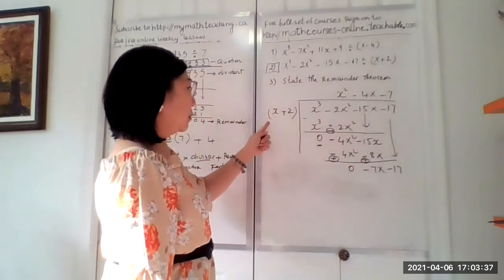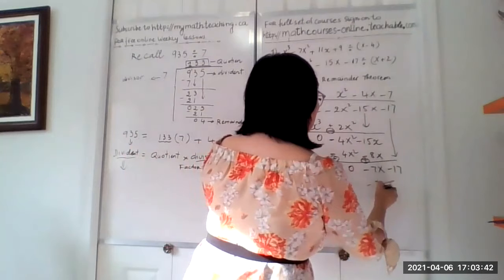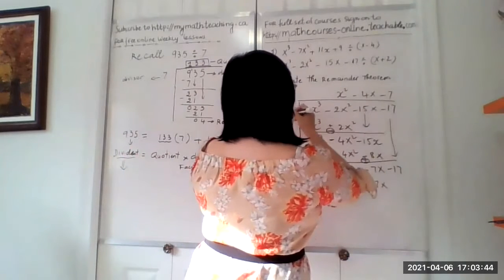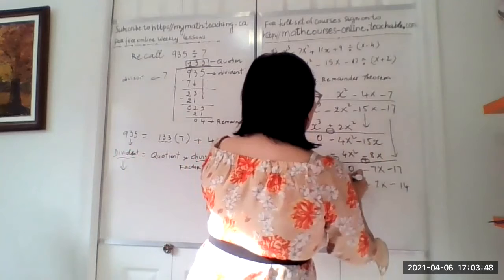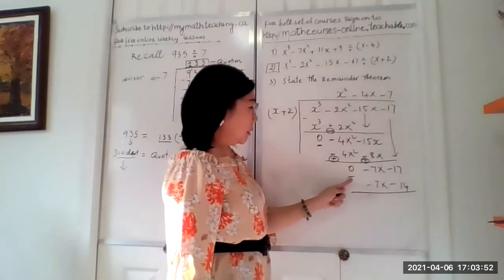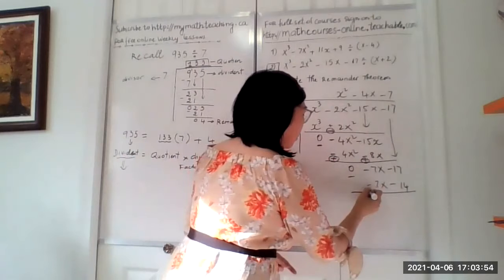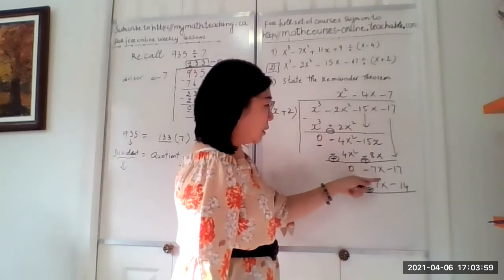Minus 7 times x will be minus 7x. Minus 7 times 2 will be minus 14. Subtract. This negative changes the sign to become positive. So we add a negative with a positive of the same value.